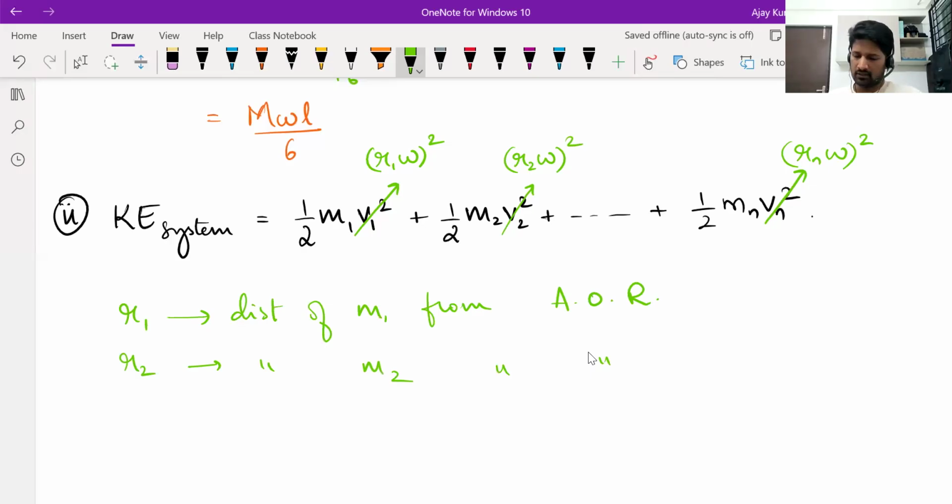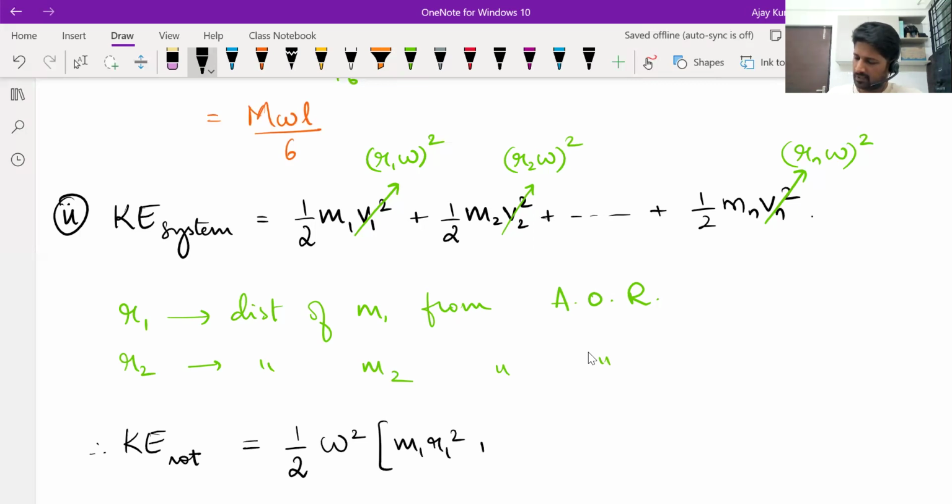Okay. Now in all these terms, omega square is common and half is also common. Therefore, kinetic energy of rotation of a rotating system can be expressed as half omega square times, what are you left with? M1 R1 square plus M2 R2 square, so on, Mn Rn square.